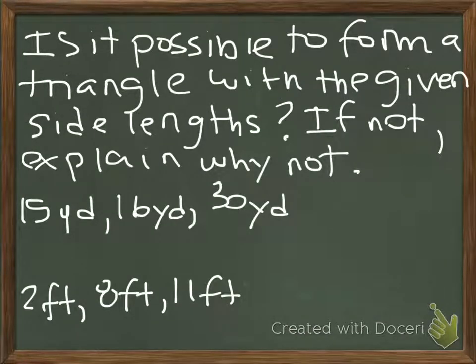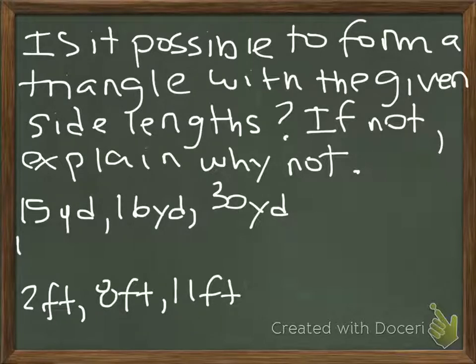So here we're asked if it's possible to form a triangle with the given side lengths. They give us 3 side lengths, and if not, we're going to explain why not. What we're doing is comparing the 3 side lengths, because any 2 side lengths should be greater than the third, no matter how you compare it.